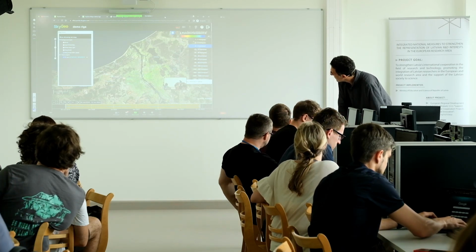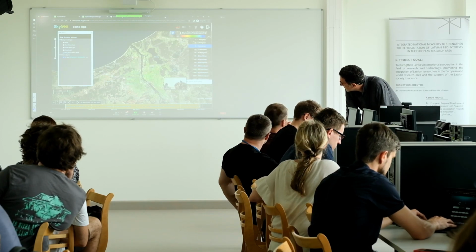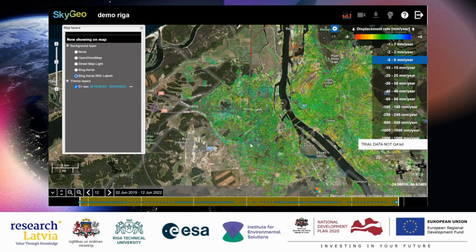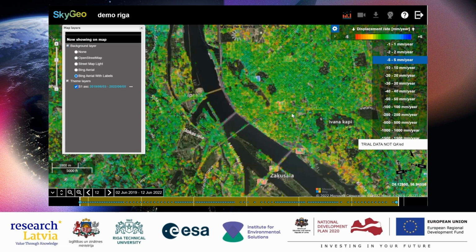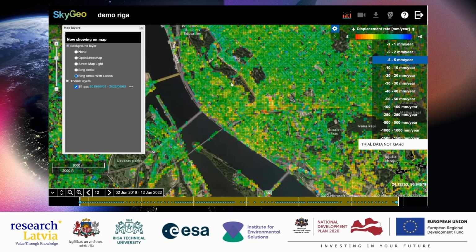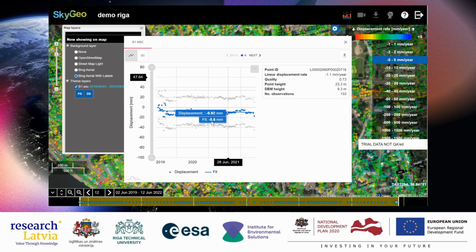you're going to get. So this is the portal that we made. So this is data over Riga. And basically what you can see if you go down and you zoom in are the data for single scatterers here, right? And see how they behave over time.